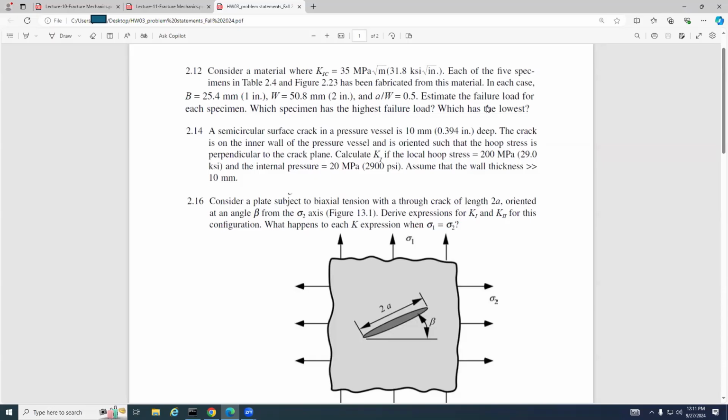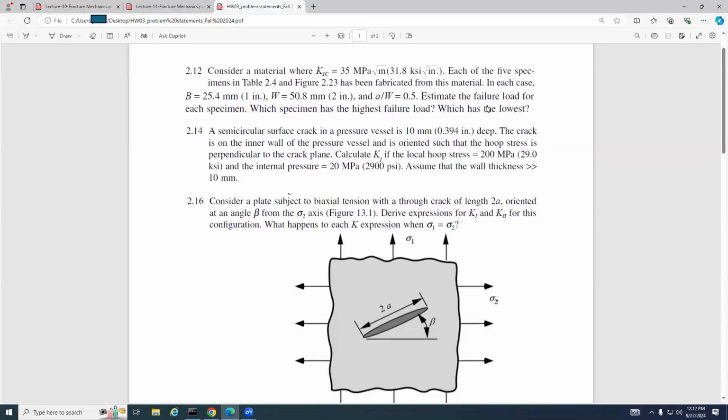You use this lambda_S, and we use this equation: 1.13 minus 0.09 A over C, in the square bracket, 1 plus 0.1 times (1 minus sin phi) squared.